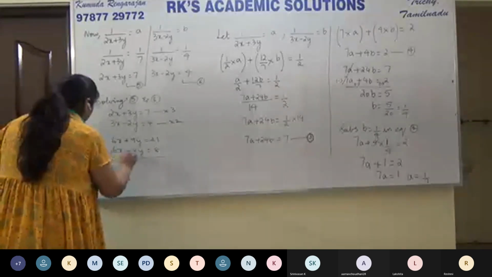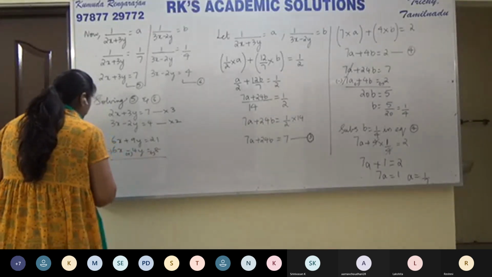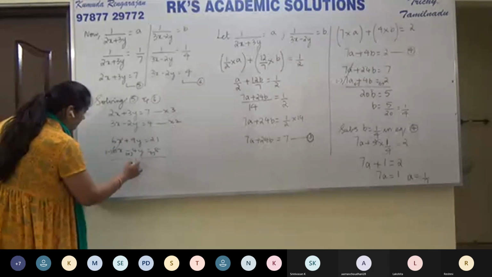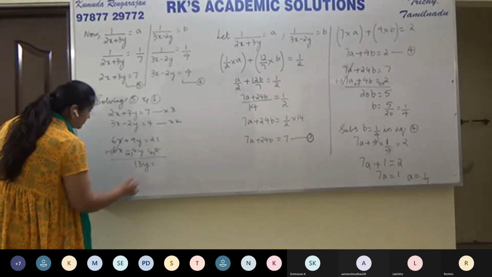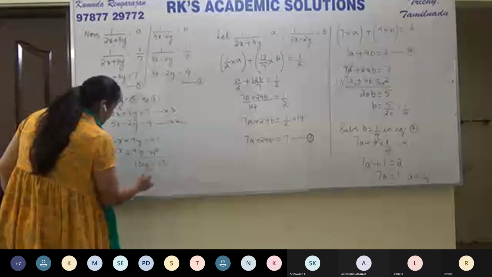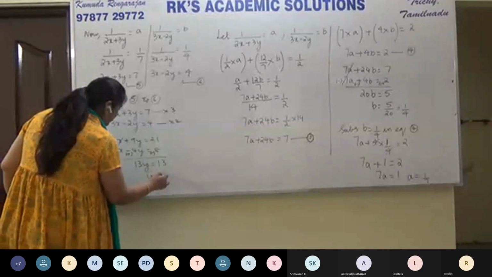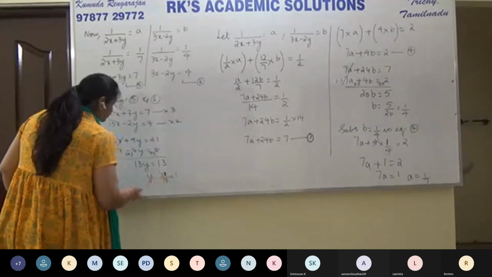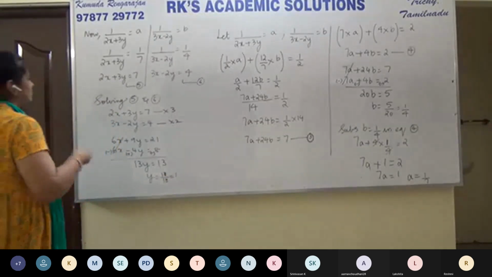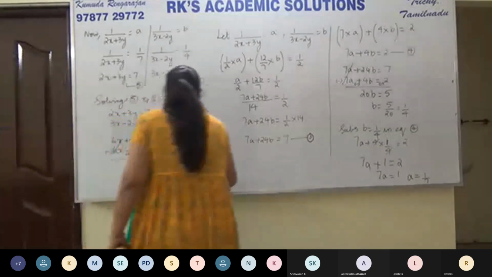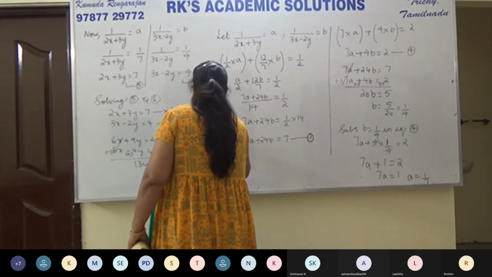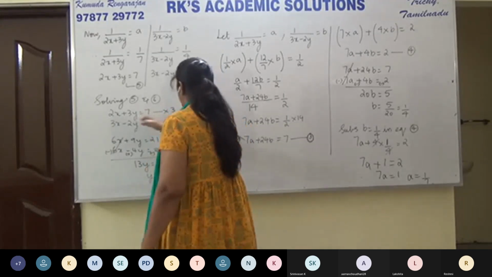So 6x minus 6x cancels. We have 13y is equal to 13. So y is equal to 13 by 13, which is 1. Now just substitute y is equal to 1 in any equation, 5 or 6.